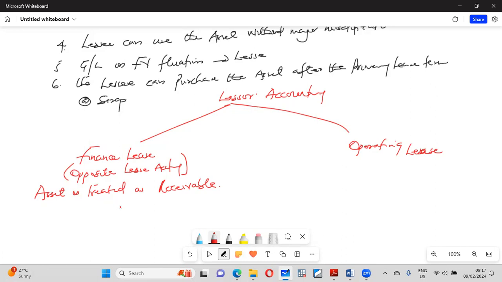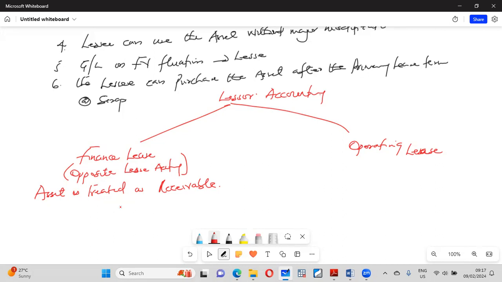That's all you do, because what has happened is that you have given the asset out, and the person is entirely using it. So you have to treat it as a receivable, because at the end of the day, it is in the hope that probably it may come or it may not even come.